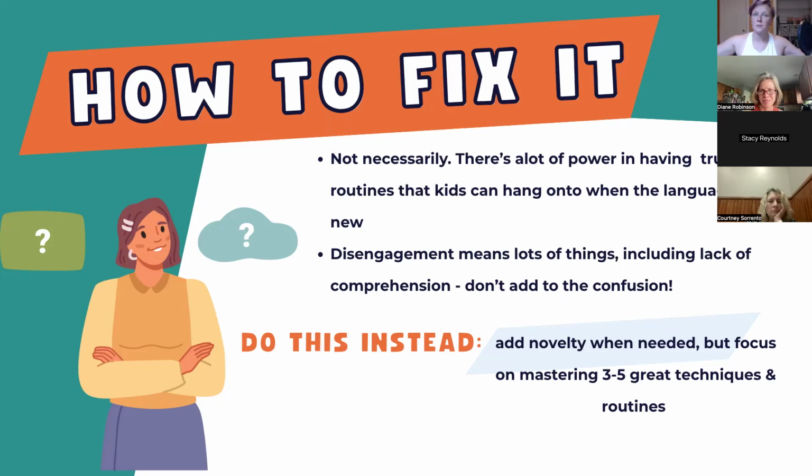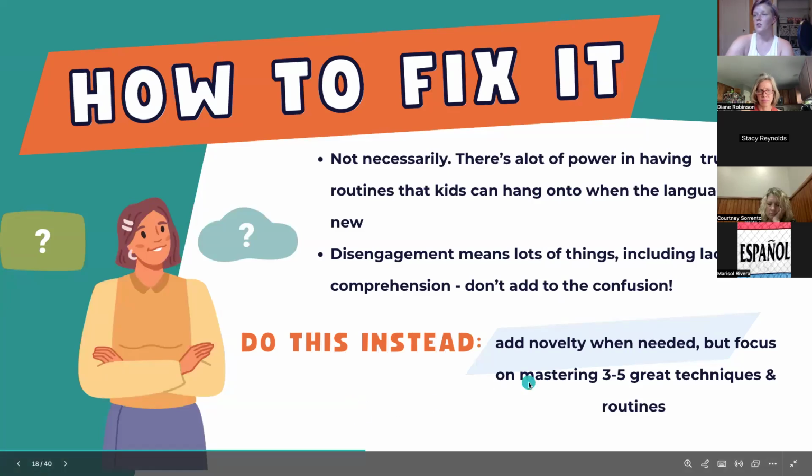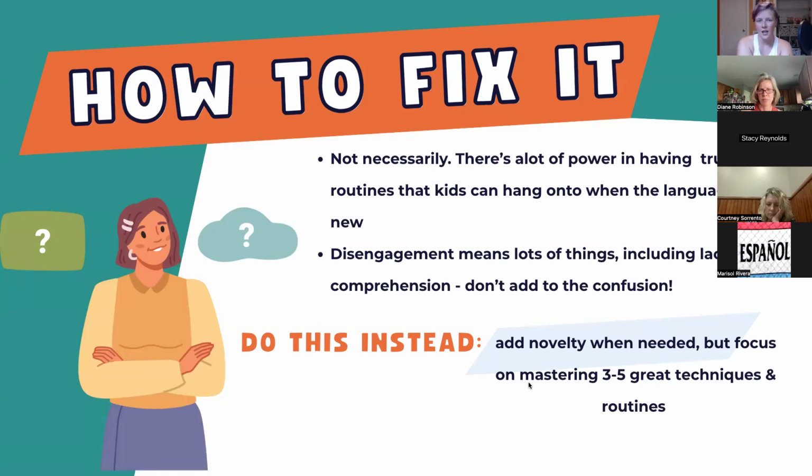Because you're going to have to explain how that escape room works and it's going to be difficult. So unless you do escape rooms all the time, I would make sure that you've got at least some options for ways that you can chill it out a little bit or ways that you can make those directions really comprehensible. So your do-this-instead for this one is add novelty when you need it. That never happens.